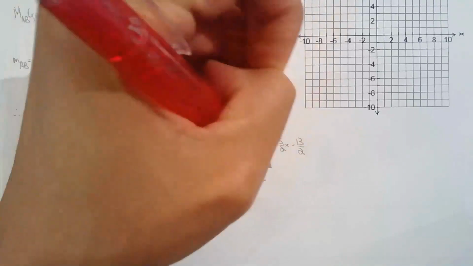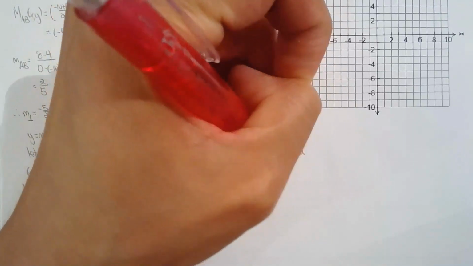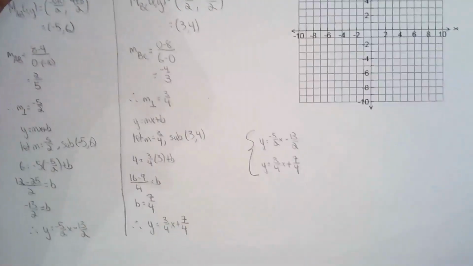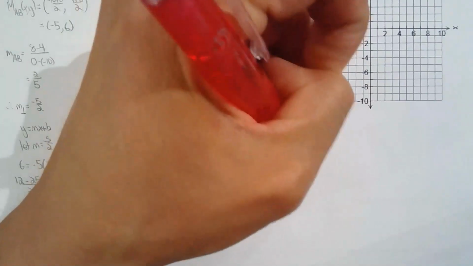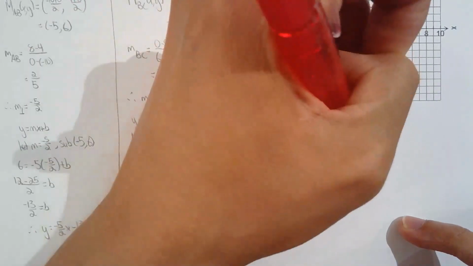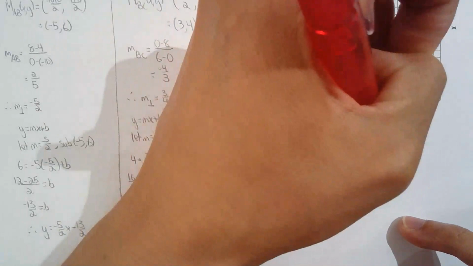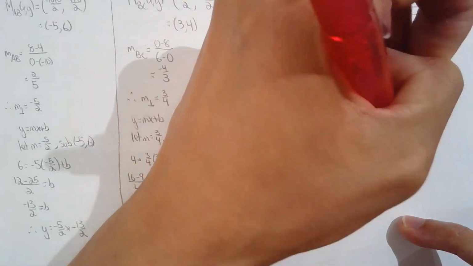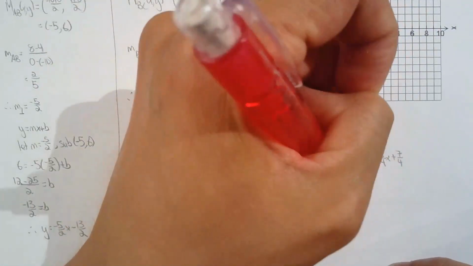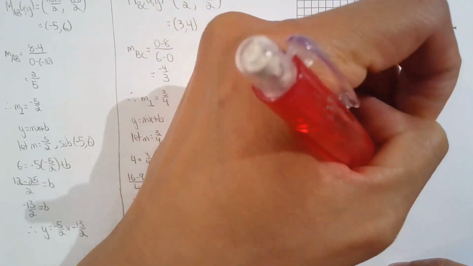It would be very similar if we did a centroid question. You just solve it. Okay, I'll multiply everything by 4 just to clear the denominator. So this will be negative 10x minus 26 equals 3x plus 7.